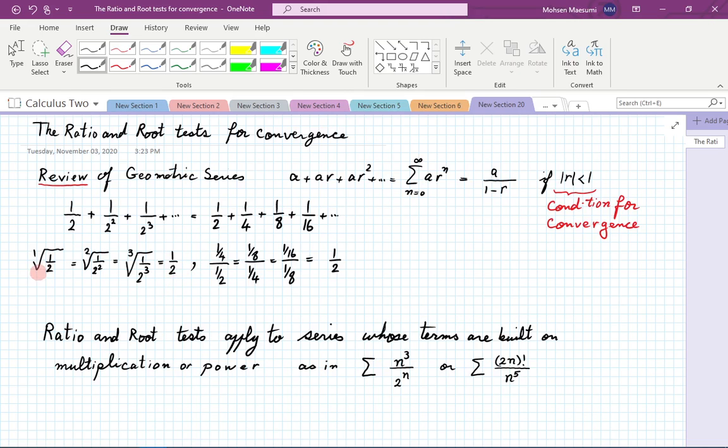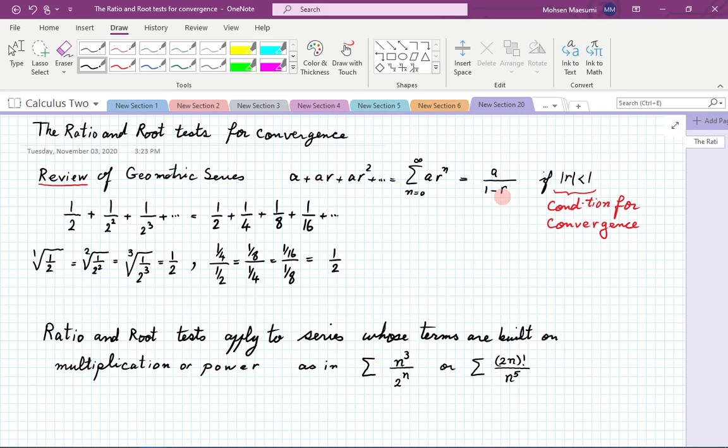The first one is perhaps very unfamiliar. It just means you take the number as it is, you're not doing anything to it. This is your ordinary square root, ordinary cube root, and so on, and all of them are equal to each other, and it's 1/2. It's the same as this number. So in both of these cases the ratio is less than 1, and therefore I know that my series converges.